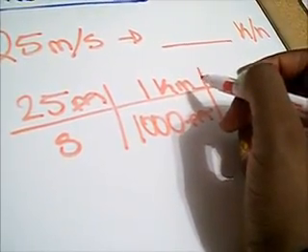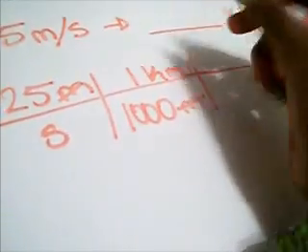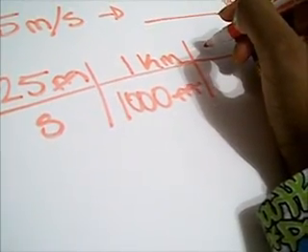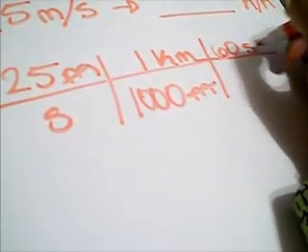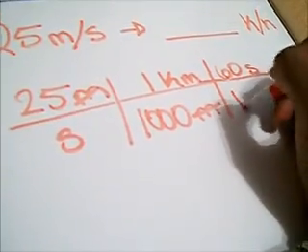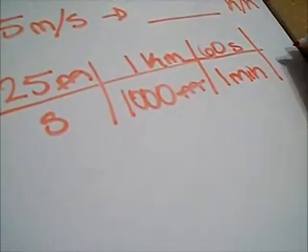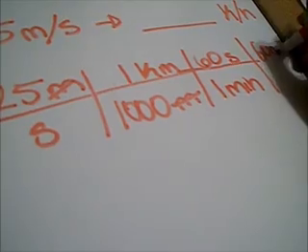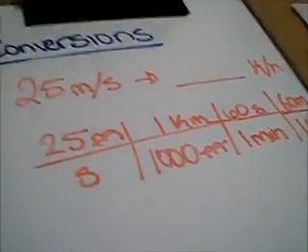And the next thing you need to do is convert seconds to hours. So what you would have, seconds at the bottom already, so you have to have seconds at the top. So you have 60 seconds, and this is 1 minute. And then to get it to hours, you have 60 minutes and 1 hour.